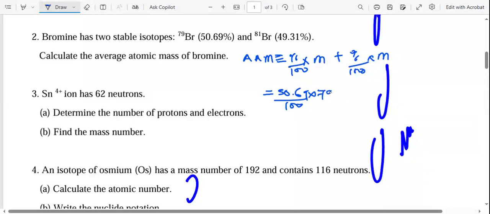Then plus, again you do the same, you say 49.31 over 100 times the mass given, which is 81. So when you punch that on your calculator, on my calculator here, it's saying 79.992. You can try this. So that is it about this one.